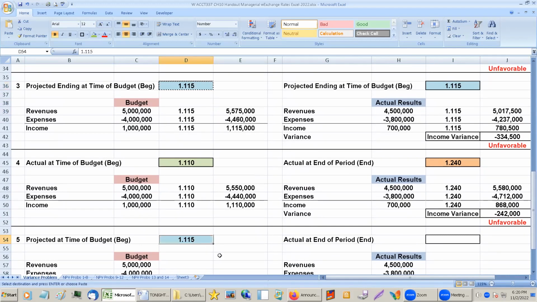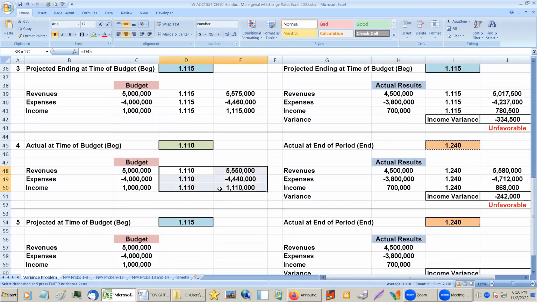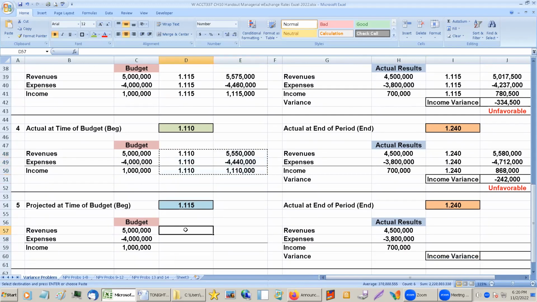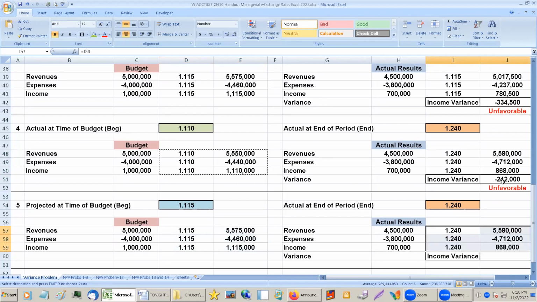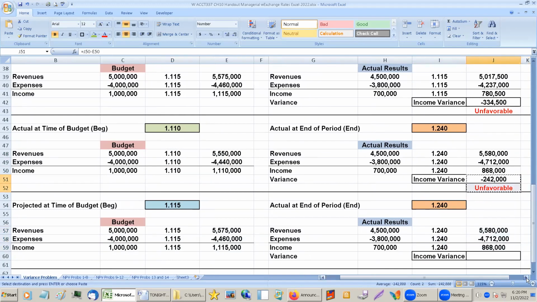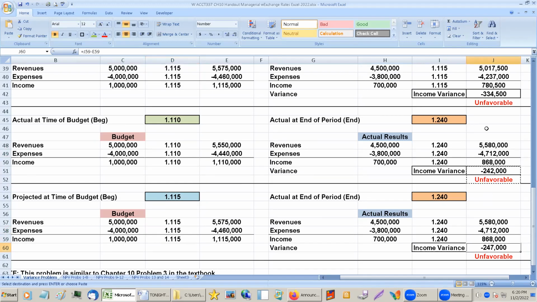Okay, and projected. And actual. A little worse off because the projected is a little higher than the actual at the beginning, but it's still less unfavorable.